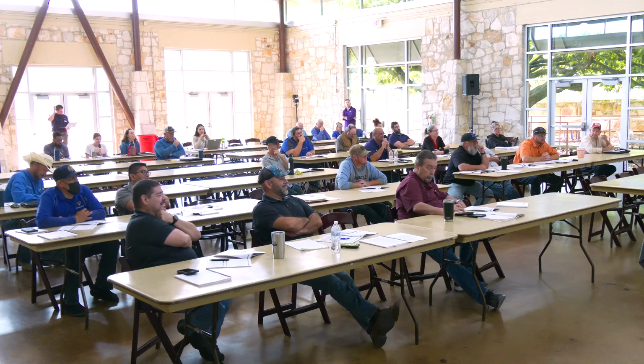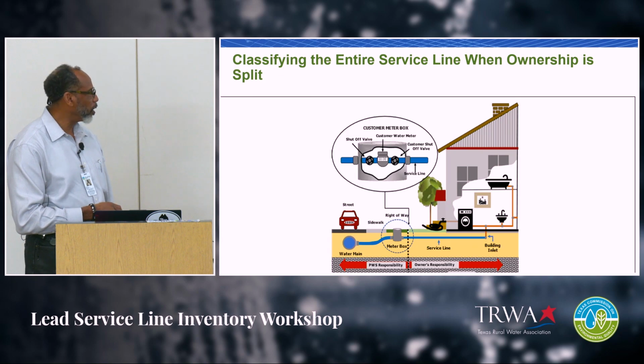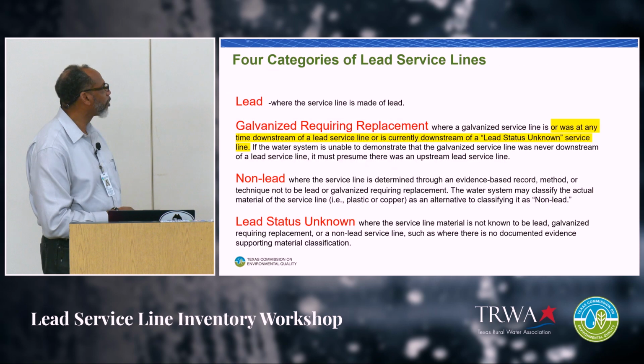So if you're in Texas, you probably have this situation. There may be some exceptions out there, but PWS responsibilities, homeowner responsibility. That's going to be important later on because of some of the funding requirements when it comes to replacing lead lines. In order to get credit, you have to replace the entire line, not just the PWS side.